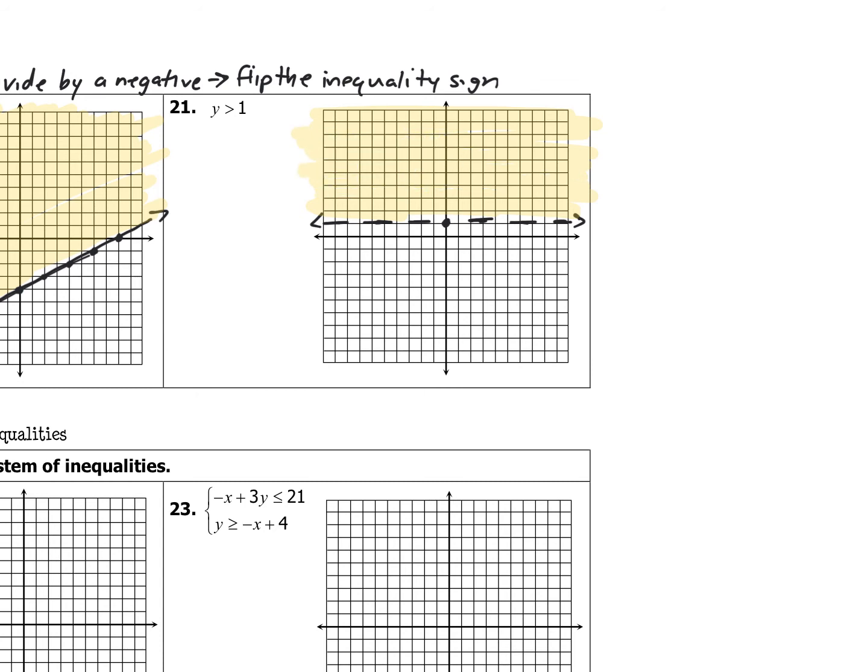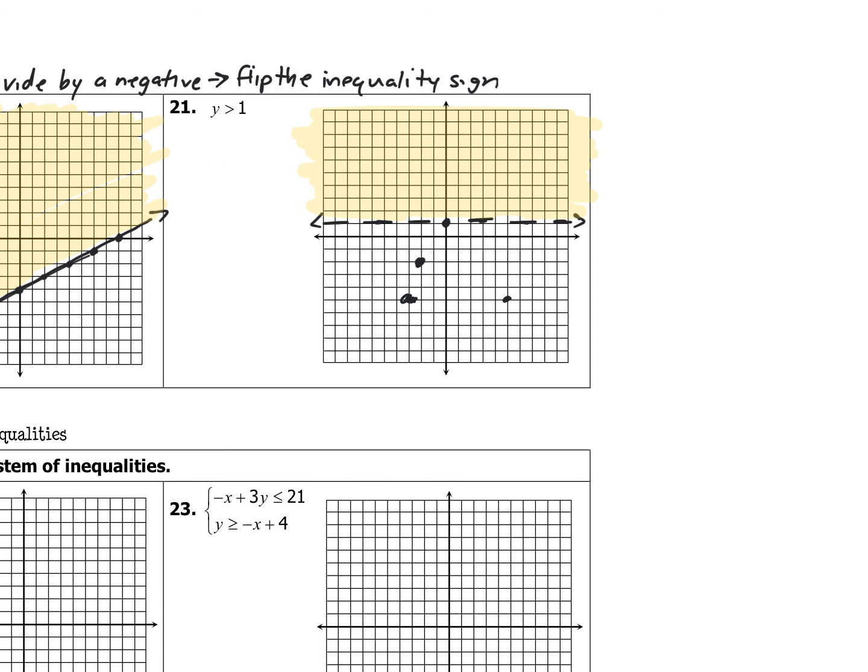And you have to substitute a point into the inequality to see if it makes it true. For example, if I chose this point for this inequality, that's negative 2, negative 2. Well, I can only substitute the y value. So negative 2 is greater than 1. Well, that's false. And any point that you choose down here is going to make this inequality false.